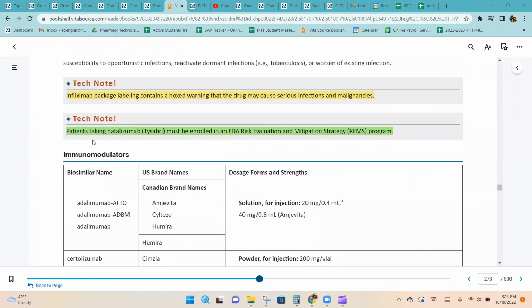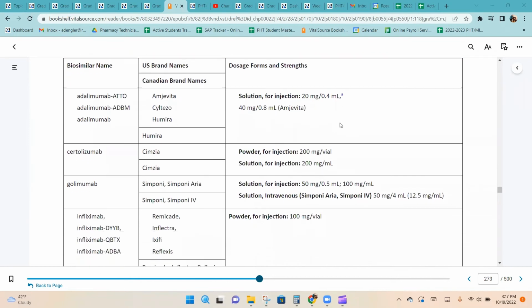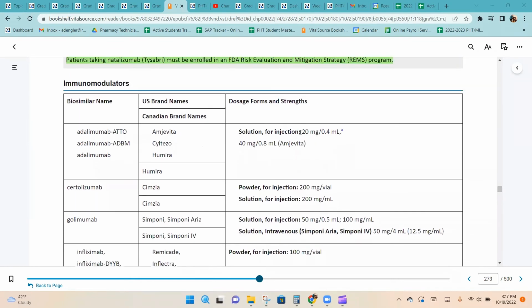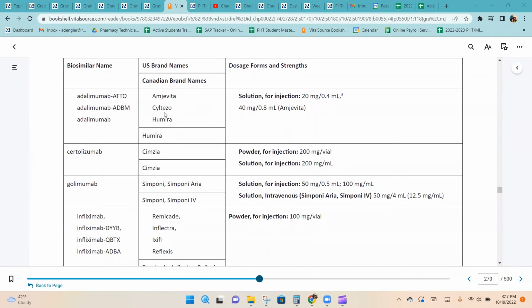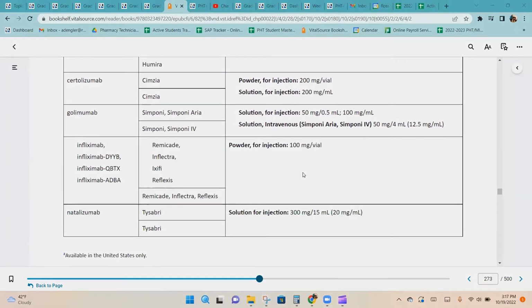So infliximab, and the infliximab package label contains a box warning that the drug can cause serious infections and malignancies. Patients taking Tysabri must be enrolled in an FDA risk evaluation and mitigation strategy program. So here we have our immunomodulators listed. We have Humira, Cimzia, Simponi, Remicade, Tysabri.